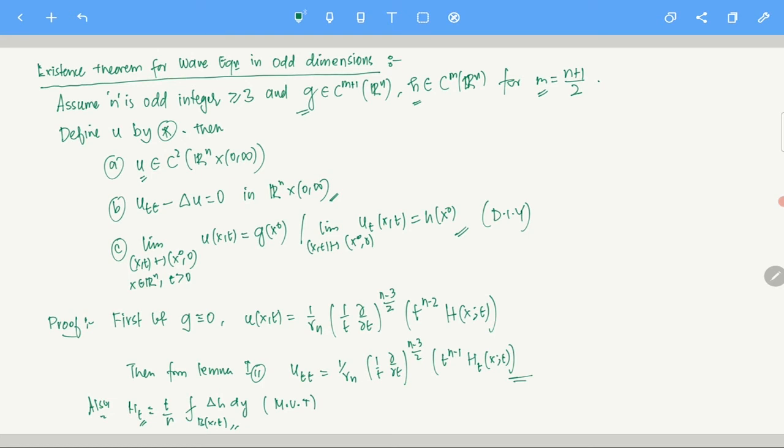Once you have all that, I am putting all of this together. u_tt is basically these particular things times h_t. h_t is given by this, so I will just replace this. Therefore u_tt is 1 by n alpha_n gamma_n, 1 by t del t to the power n minus 1 by 2, integral over B(x,t) of the Laplacian of h dy.